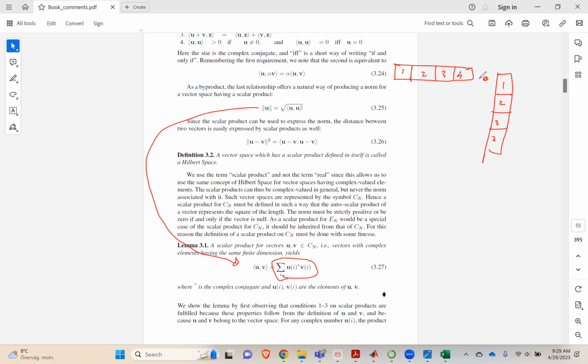When you calculate the dot product, this position gets multiplied with this. So 1 multiplied with 1, 2 multiplied with 2 is 4, 3 multiplied by 3 is 9, 4 multiplied by 4 is 16. So we get the sum of that.